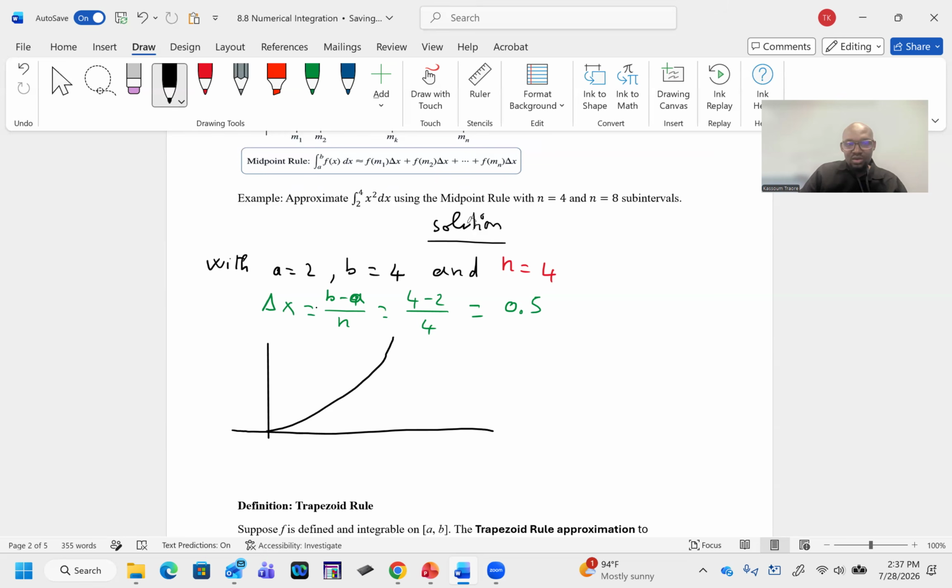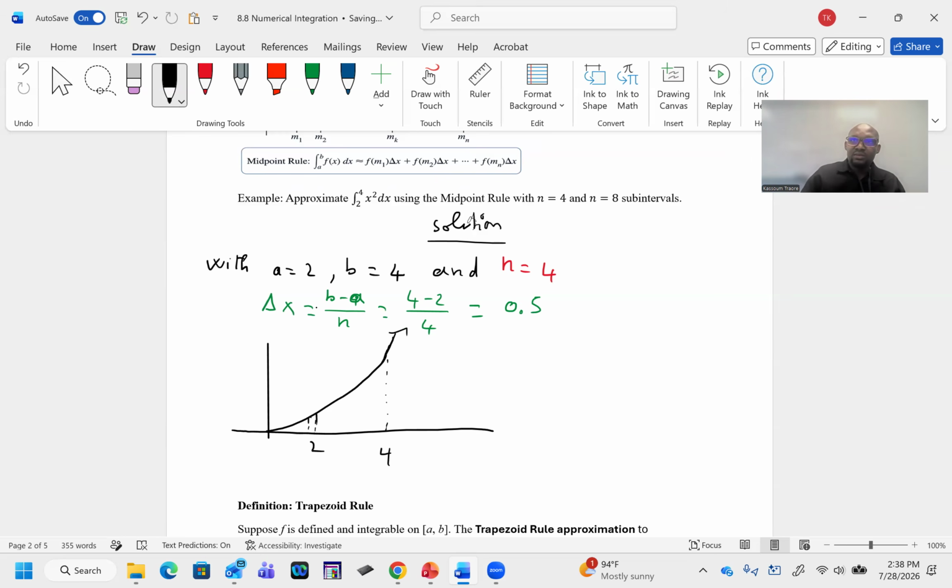This is x squared, so the graph is just like this. Let me use this to be 2, and right here we have 4. We are dividing into subintervals, and my delta x is 0.5.